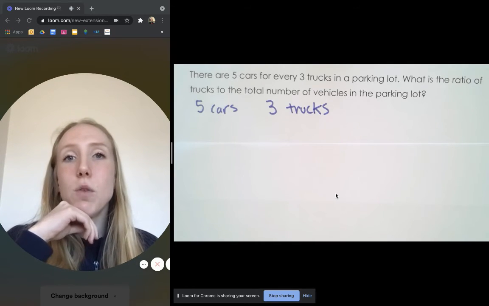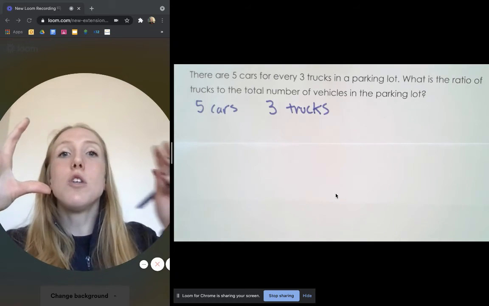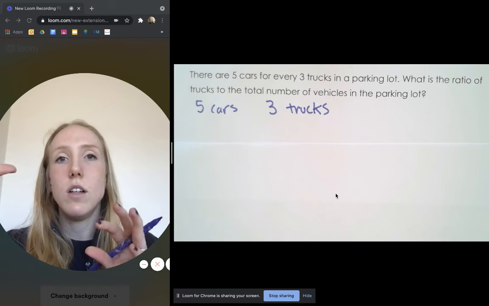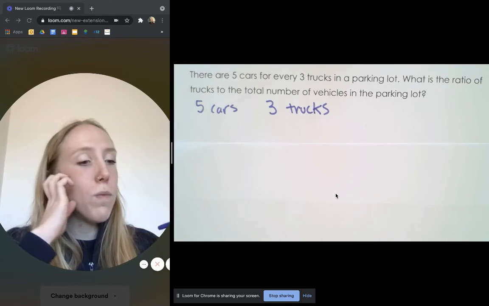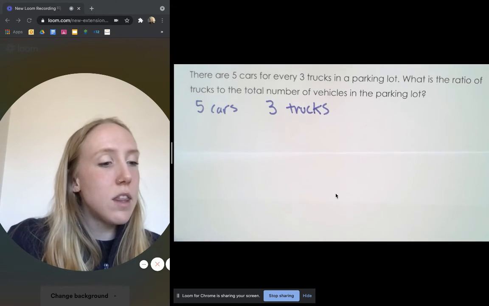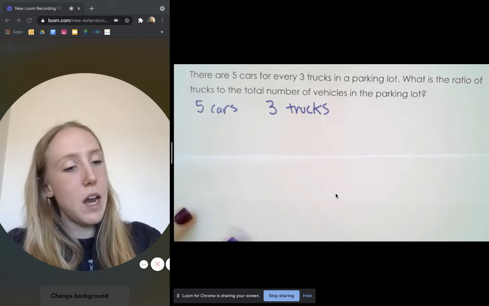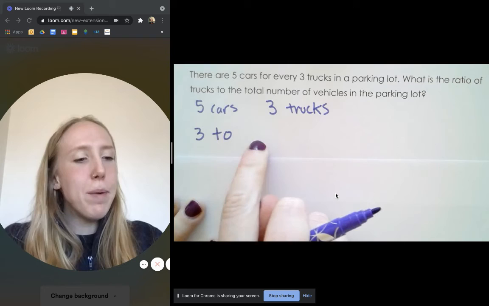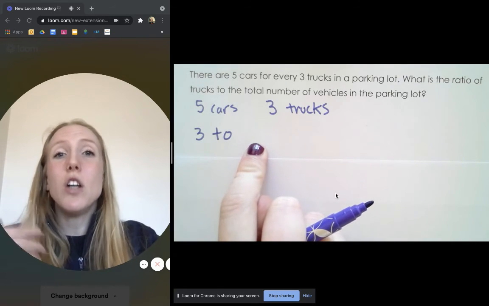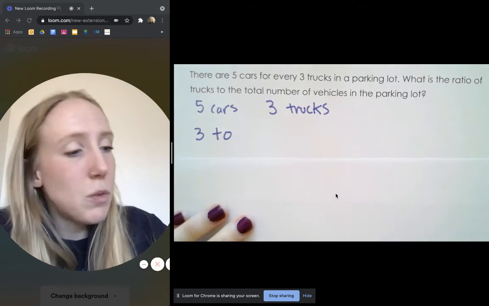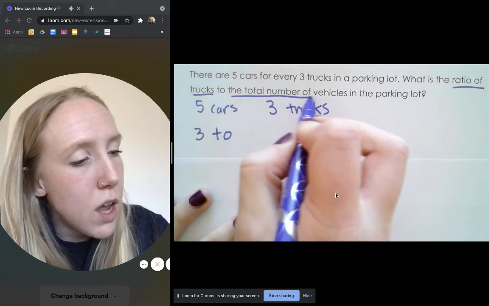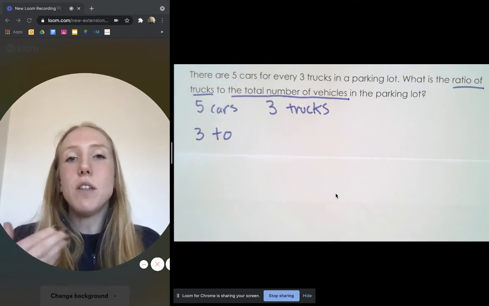It is asking for the number of trucks to the total number of vehicles in that parking lot. So we know that the trucks is 3. But the other number has to be the total of cars and trucks, because it says, what is the ratio of trucks to the total number? So we have to figure out the total.